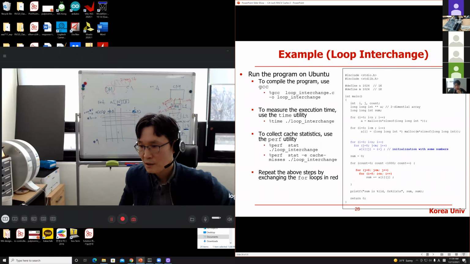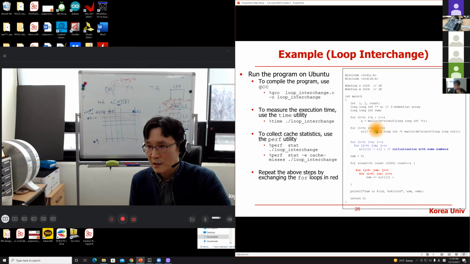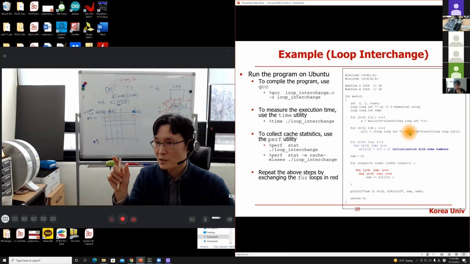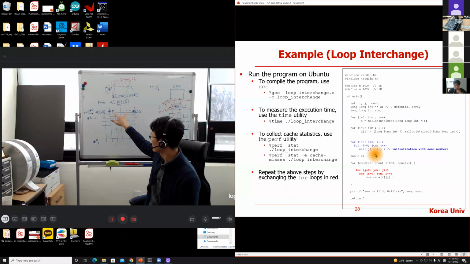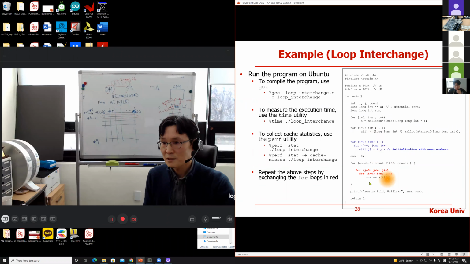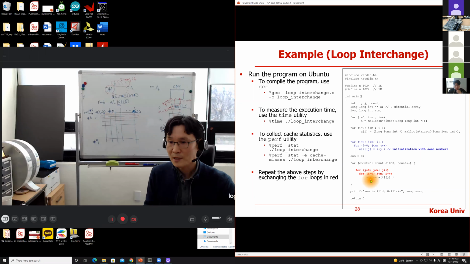You can actually test that code on your computer. Here I created a two-dimensional array of 1024 rows and 1024 columns using dynamic memory allocation, initialized all the elements, and then simply added all the elements.